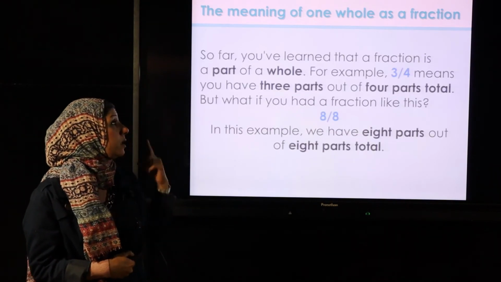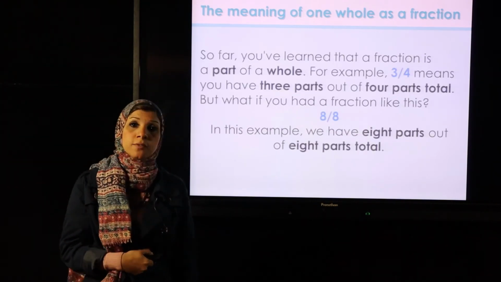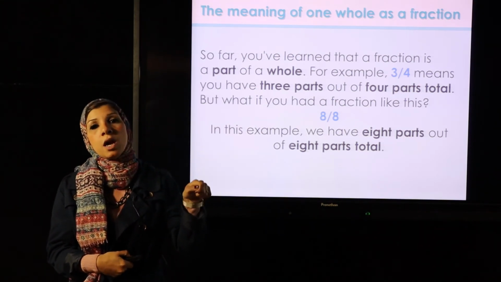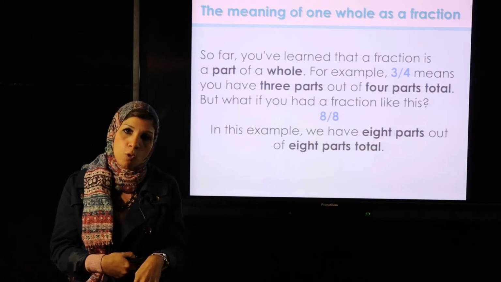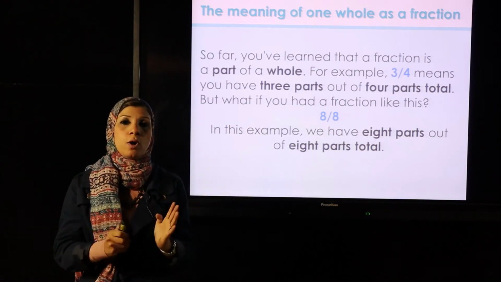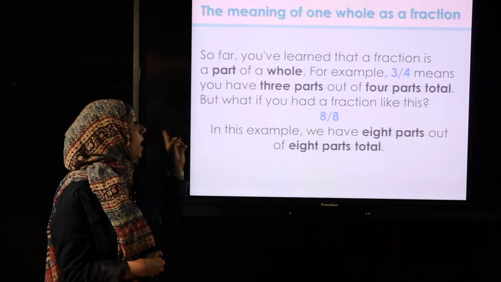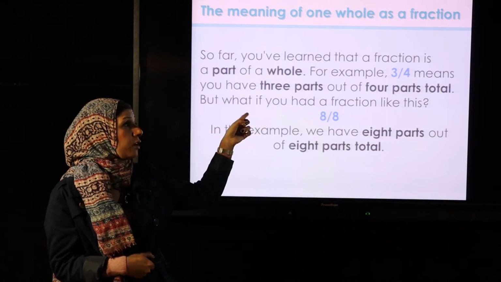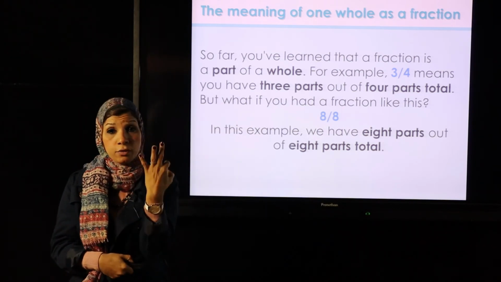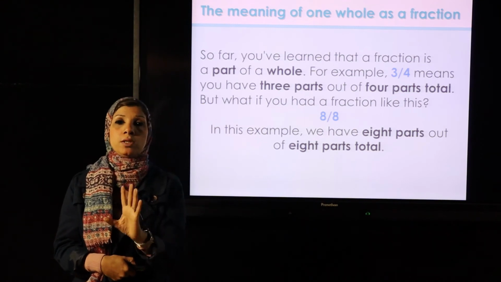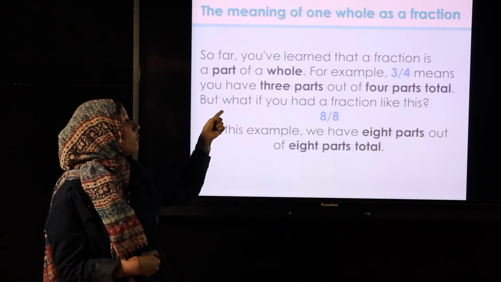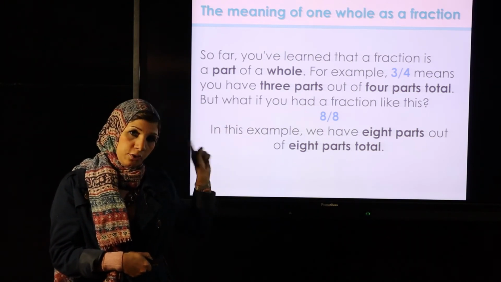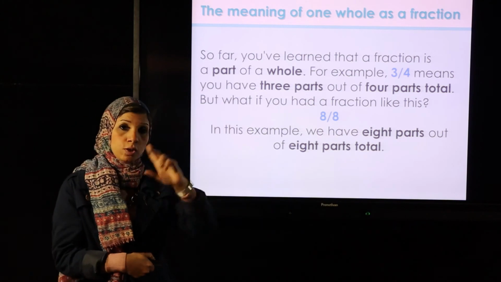In another example, the meaning of a whole as a fraction. As we said in the previous example, we colored all 4 parts of 4 slices. Here we have 3 out of 4, or 3 over 4. It means we colored only 3 parts of the 4 total parts.